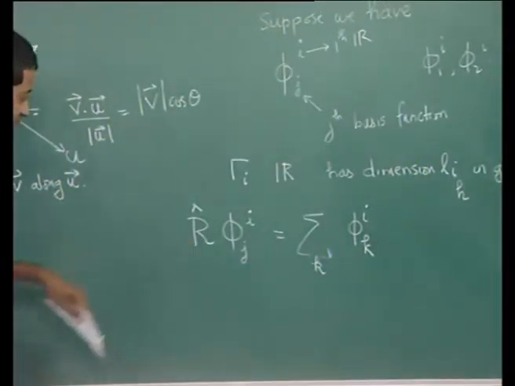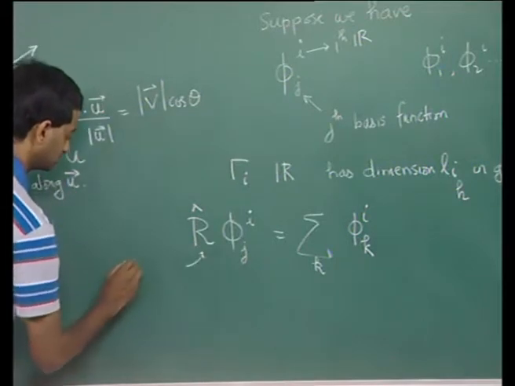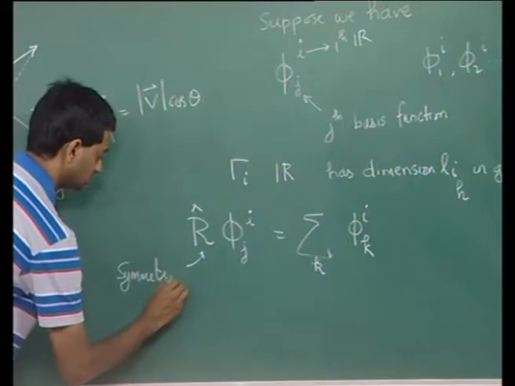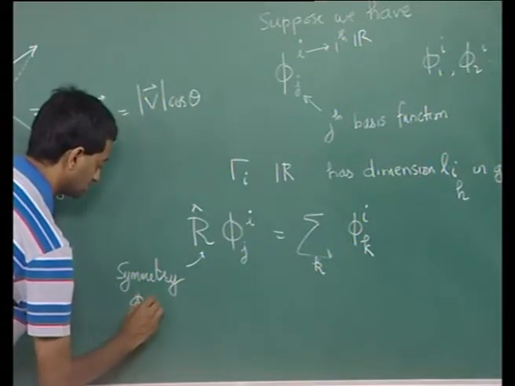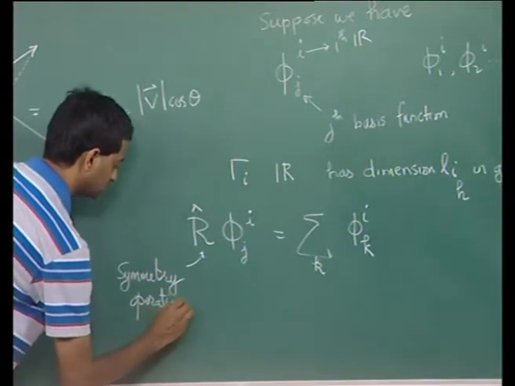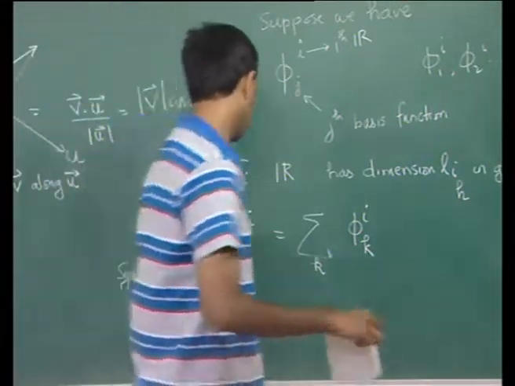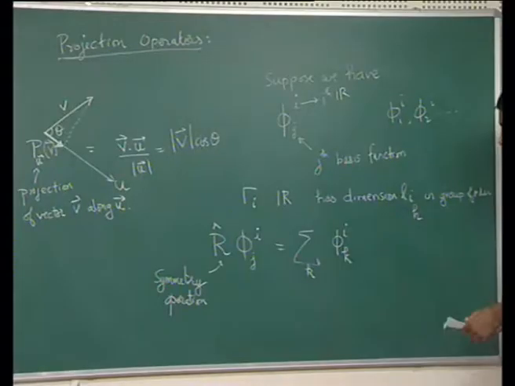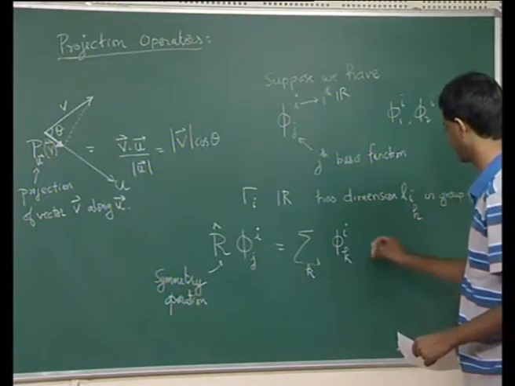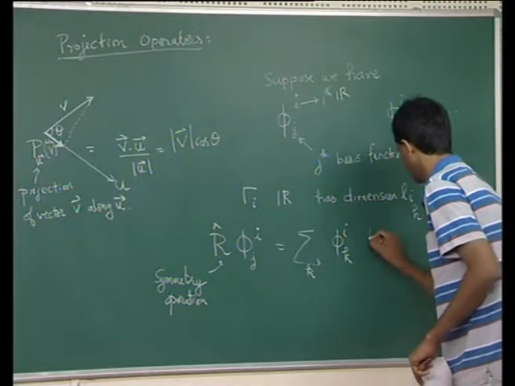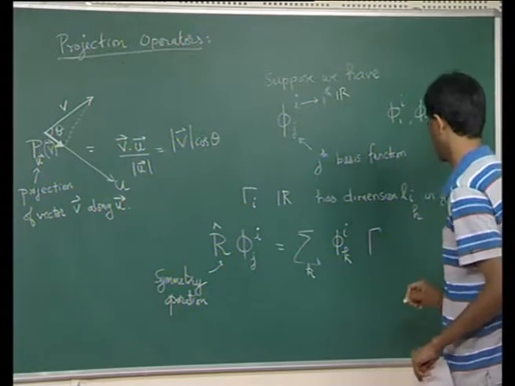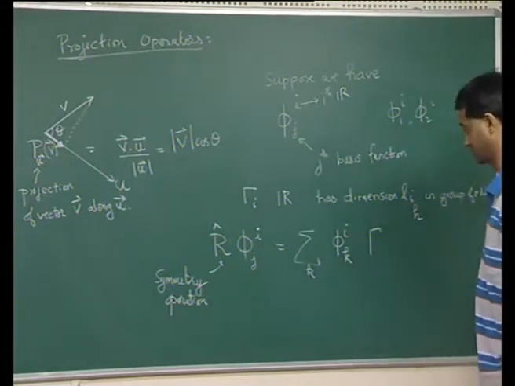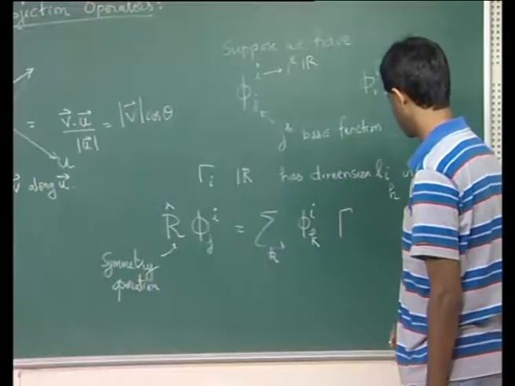R is the symmetry operation, and so when it acts on a basis function, you typically get a linear combination. So you have sum over k of phi ki times the coefficient, and the coefficient is nothing but the matrix element of this symmetry operation. And which matrix element is it?